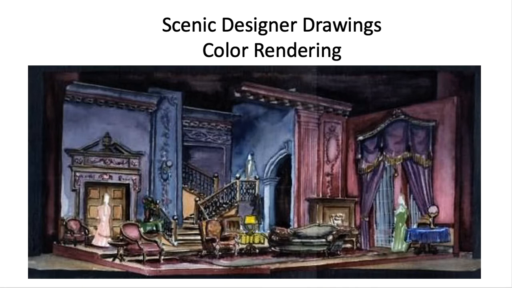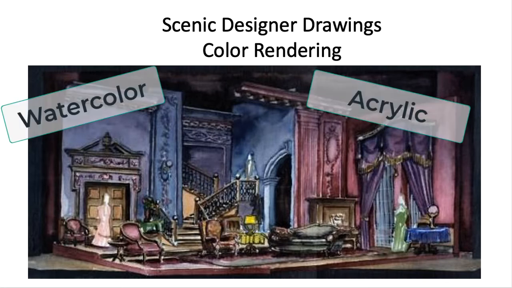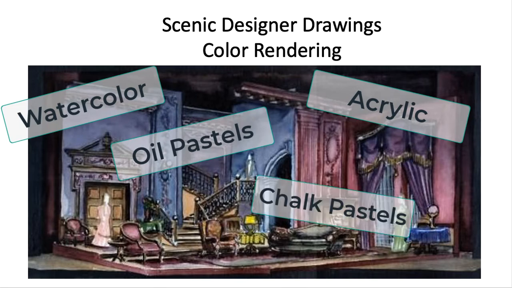Color renderings can be done in almost any medium. A lot of color renderings are done in watercolor, acrylic. You can even do them in oil pastels or chalk pastels, or really any medium that gets the idea of what you want that set design to look like.